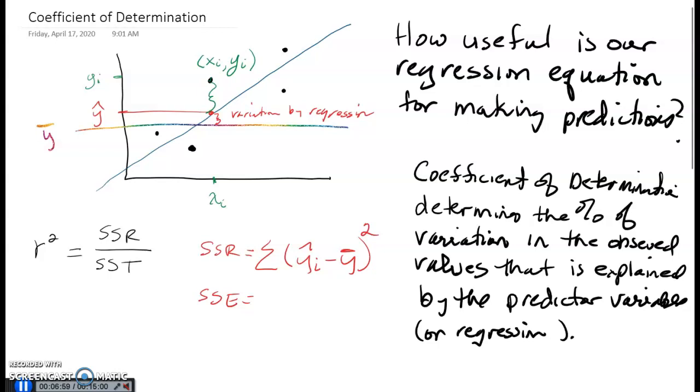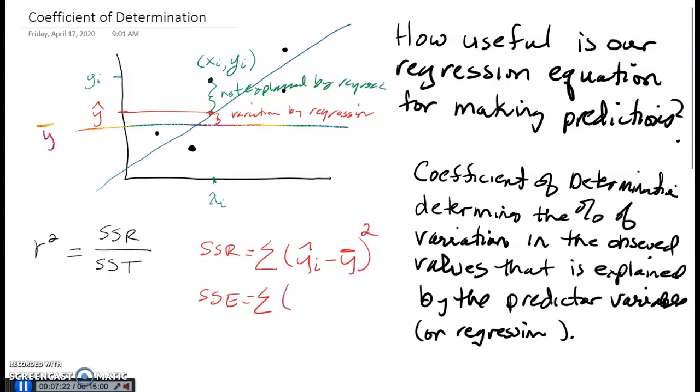The closer our points are around our regression line, this would be much smaller. This one is simply any variation not explained by the regression, and we call that one the error sum of squares.